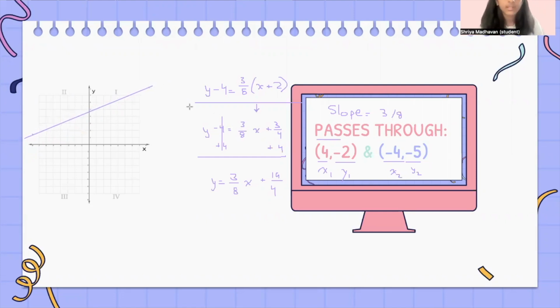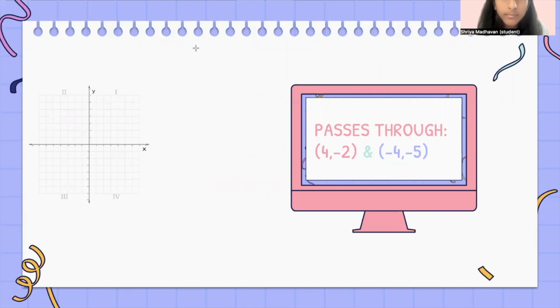Yeah, so that's approximately the graph of y minus 4 is equal to 3/8 into x plus 2. Yeah, okay. And this is our final equation for today. And I hope you learned something and that you can take it away in math.